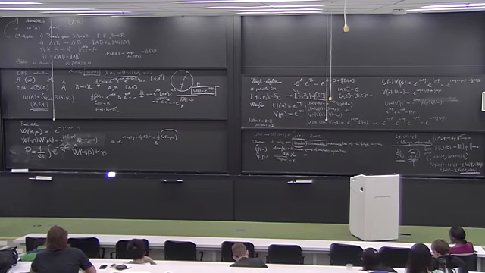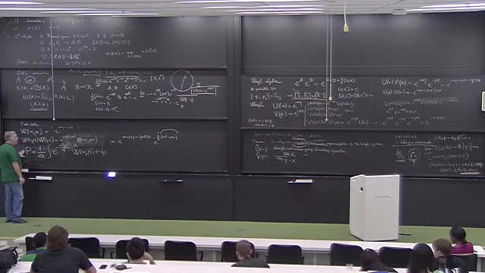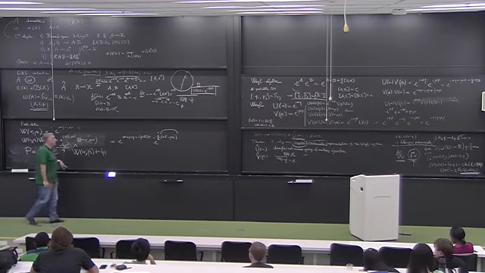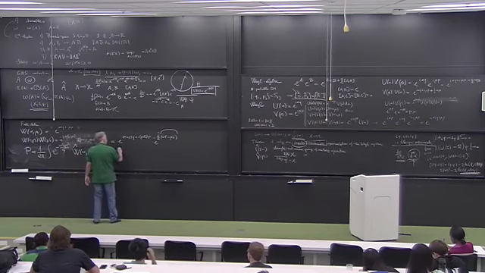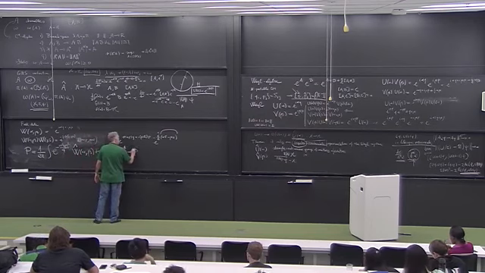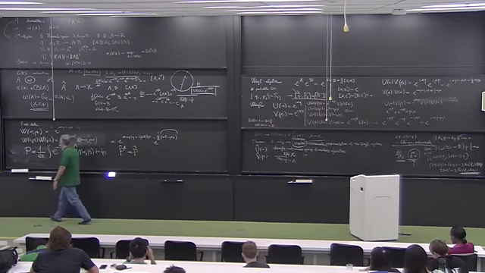Okay. This is the crucial ingredient of the proof of the theorem, because the properties of this operator are, first thing, P is a self-adjoint operator. I should put a hat on it.